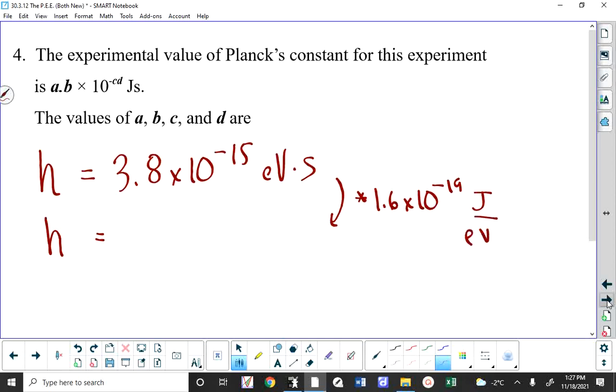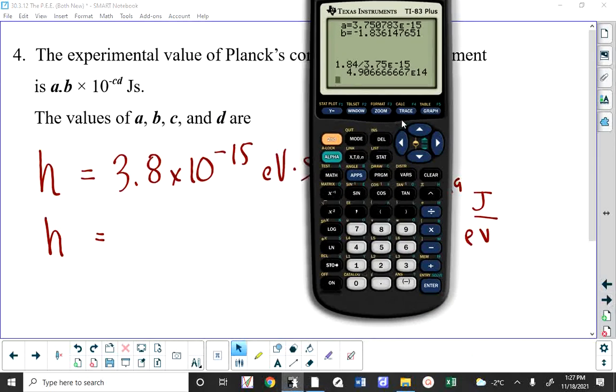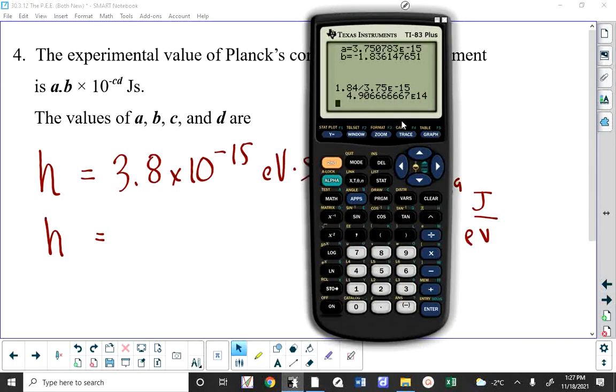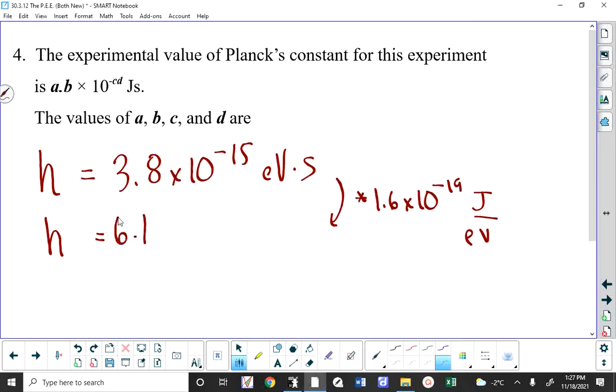That will cancel the electron volts in that Planck's constant and introduce joules. So I would say 6.1 times 10 to the negative 34. That would be in joule seconds, which means the answer would be 6134.